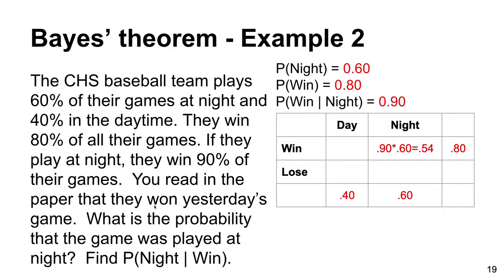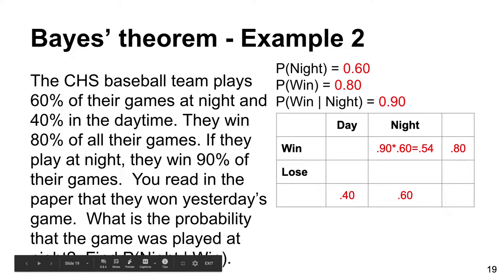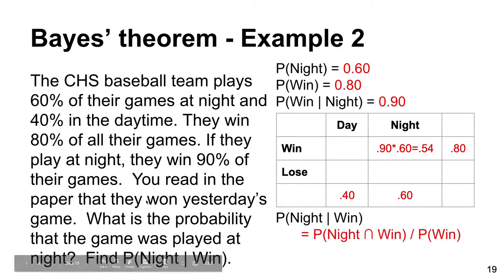So the question is, what is the probability that the game was played at night? You read in the paper that they won yesterday's game. What is the probability the game was played at night? Okay, so let's put that down. We want to find the probability the game was played at night given they won.